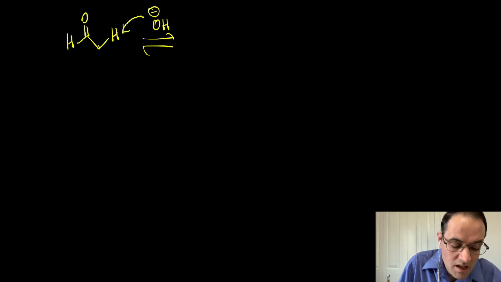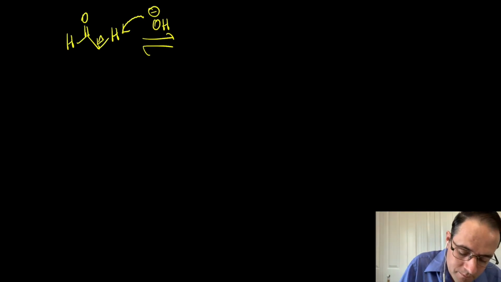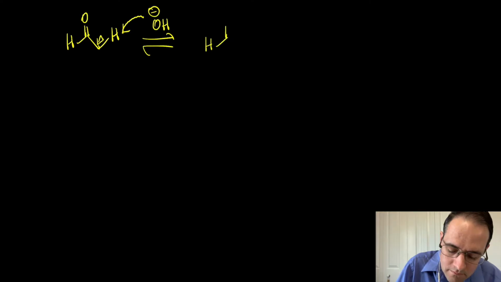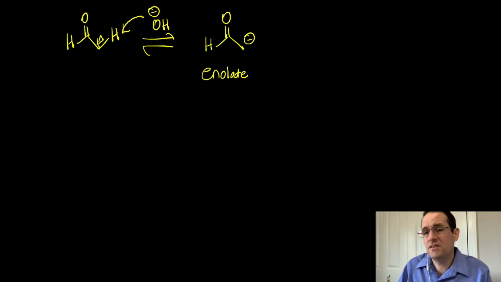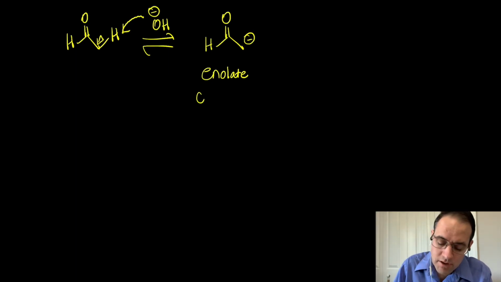This will make the enolate. So here's your enolate. We discussed the acidity of the different components. And this is a nucleophile because it's negatively charged. It's a carbon-centered nucleophile.